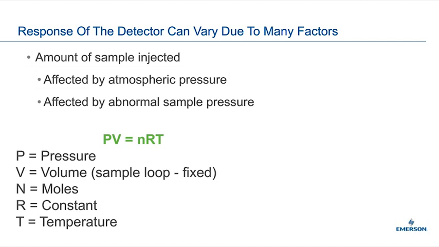The sample loop is fixed; it's basically a piece of tubing. In the equation PV equals nRT, we can assume the temperature is fixed, since we're not shifting the temperature of the oven. R is a constant. So V is fixed, R is fixed, and T is fixed. If P varies, up or down, then n, which is basically moles, will vary as well, and that's your amount of sample. If P goes up, you're squeezing more sample into the sample loop, so you'll see an increase in concentrations, but everything should increase.